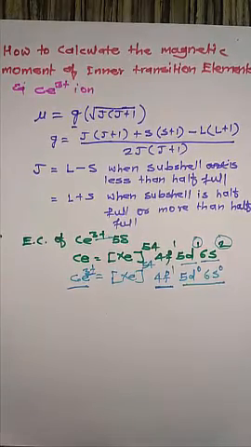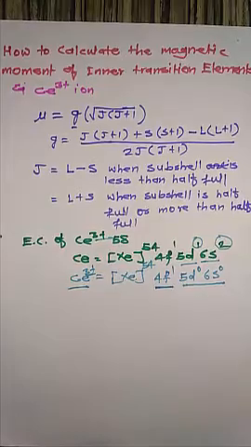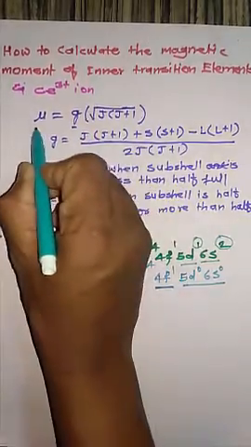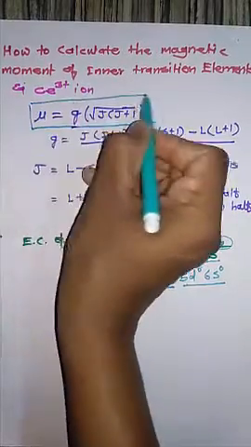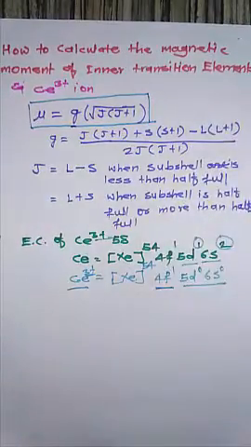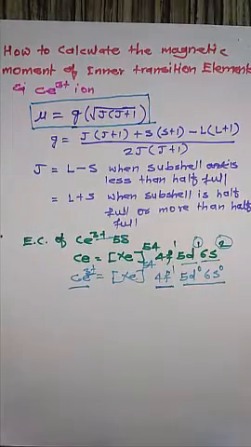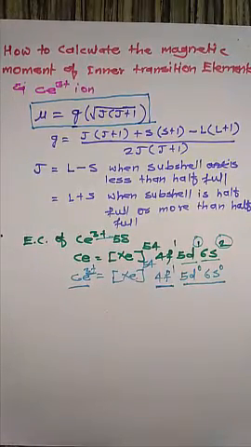Due to this 1 electron, cerium shows a magnetic moment. So dear students, we can calculate it using the formula mu is equal to Z into root of J into J plus 1.